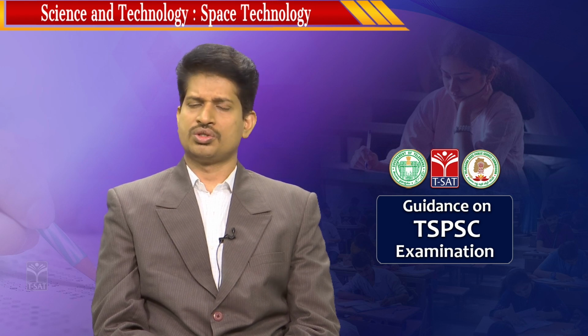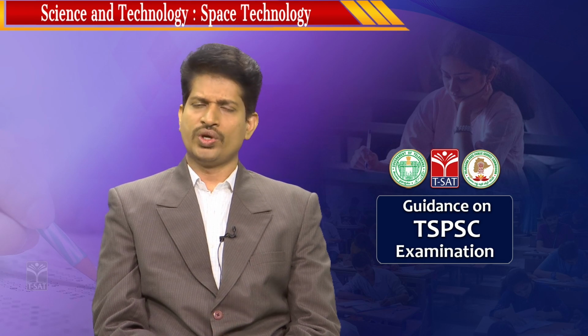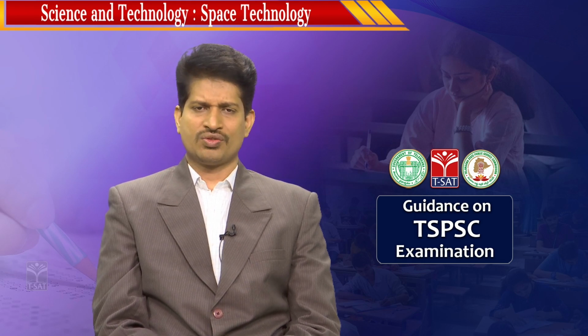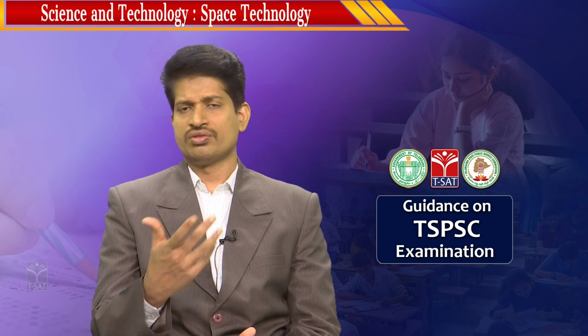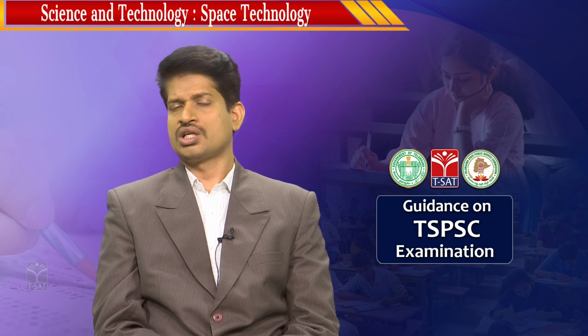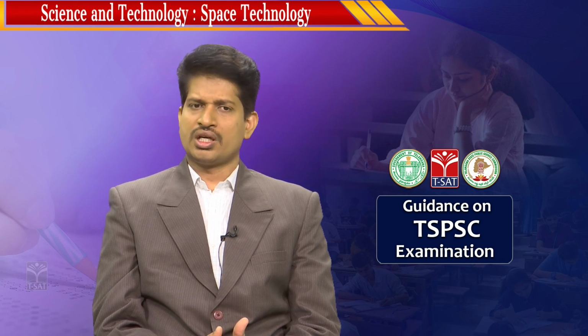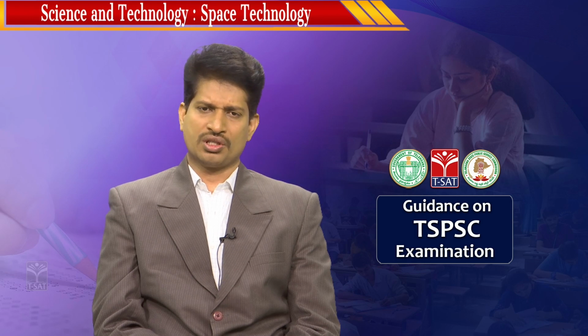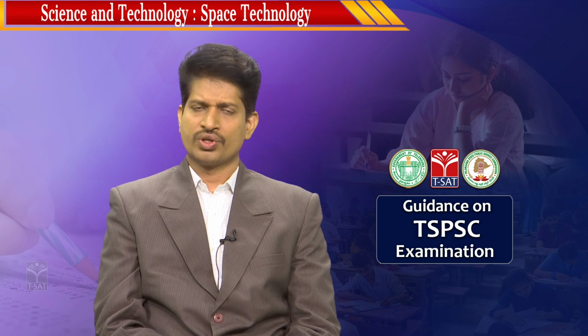Now ISRO is not using these kinds of vehicles. Now we are using polar satellite launch vehicles and GSLV, geosynchronous satellite launch vehicles. Advanced variants of GSLV are GSLV Mk2 and GSLV Mk3. And SSLV is the small satellite launch vehicle. So, these are the three variants right now being used by ISRO.